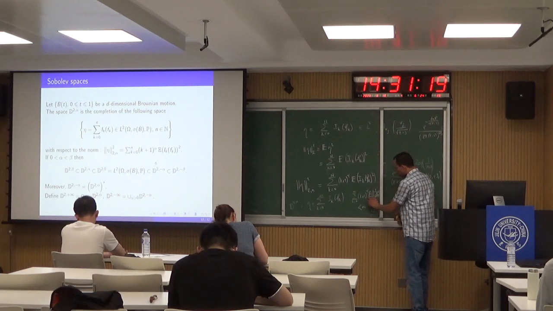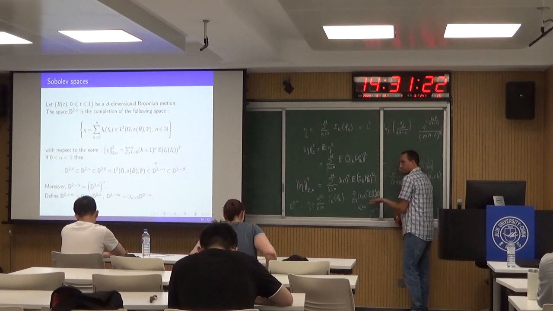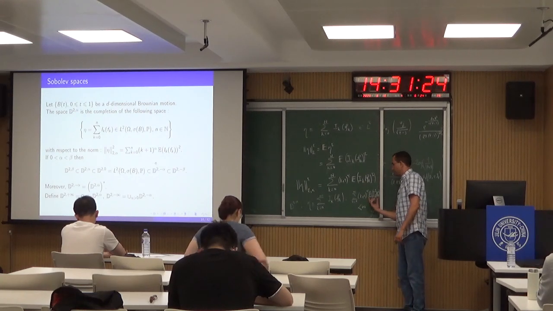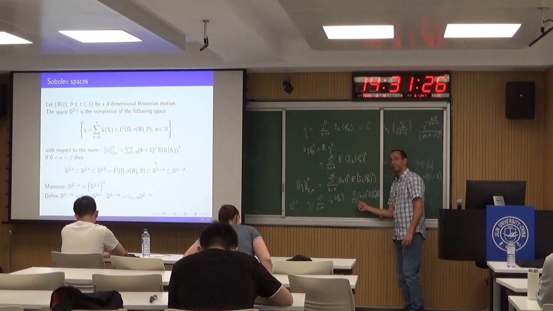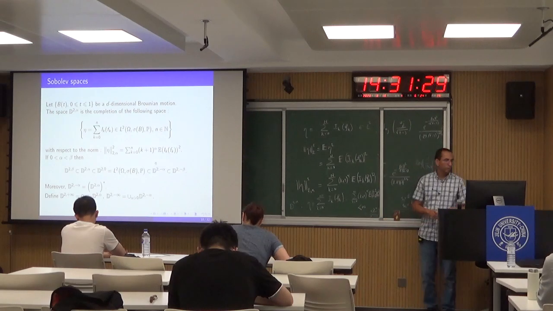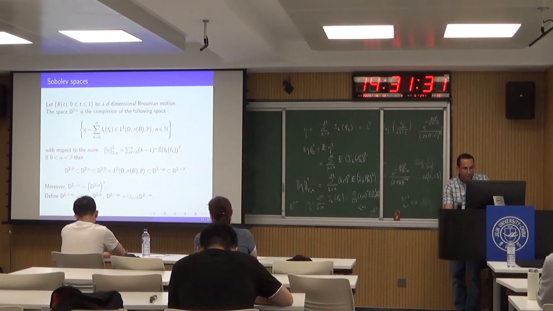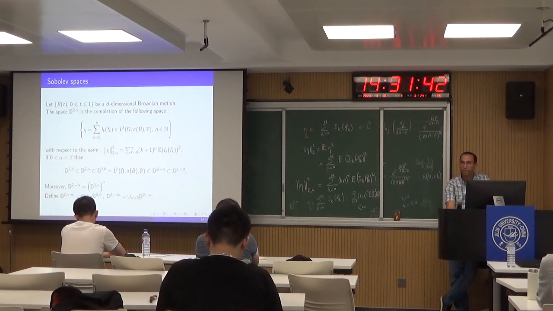So possibly the series without k+1 may not converge, so you have to divide it to obtain something convergent. So for negative α, this space D2^-α is always bigger than the space L2. It strictly contains the space L2. That's why we say that elements here are generalized random variables. This is a bigger space than the usual L2 space.